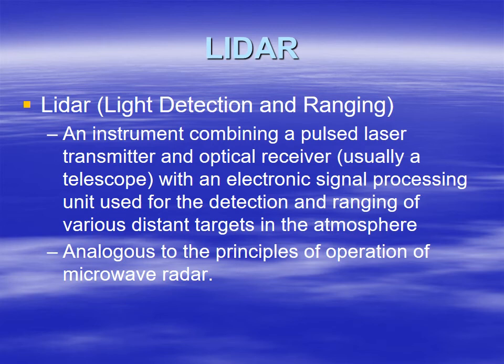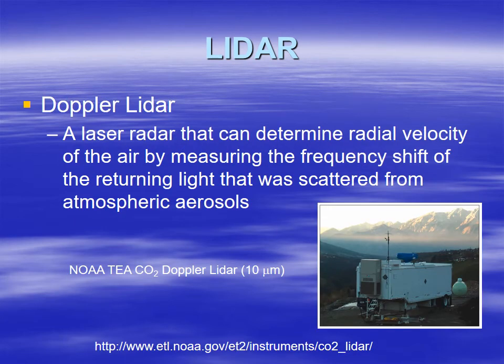So it's very similar to a Doppler radar, or even for that matter a wind profiler, except instead of using UHF or VHF, we're using visible light at particular frequencies. And as I mentioned, this determines the radial velocity of the air, based upon the Doppler shift as the light bounces off of aerosols.